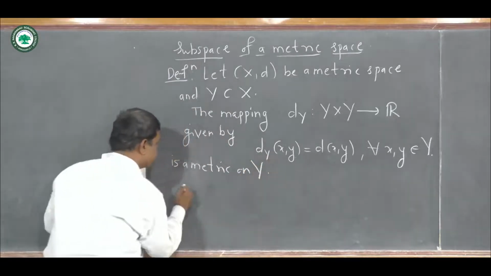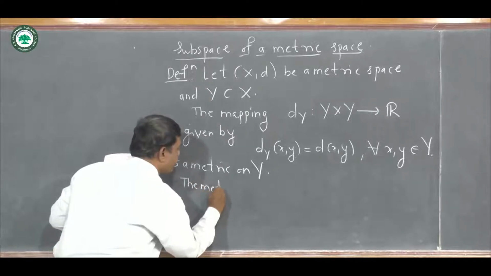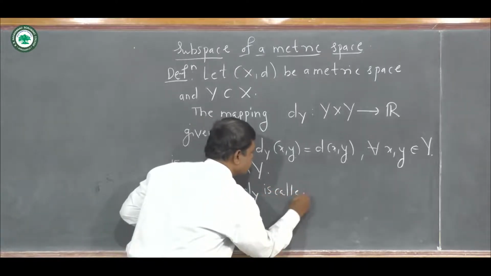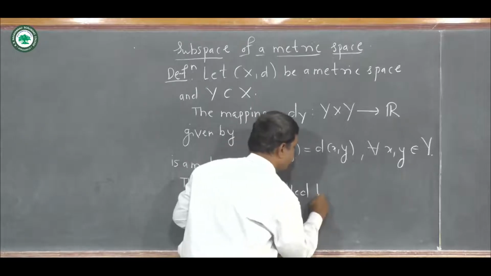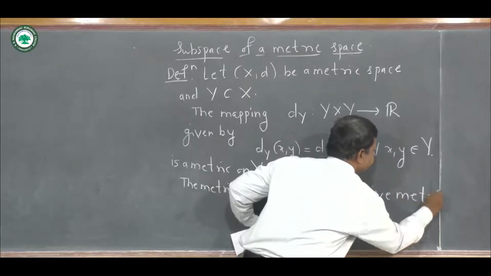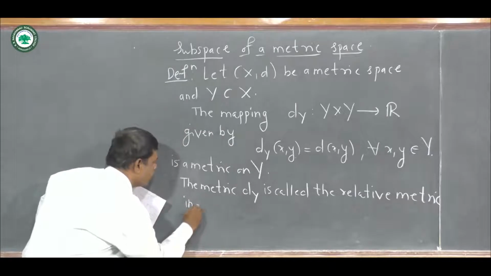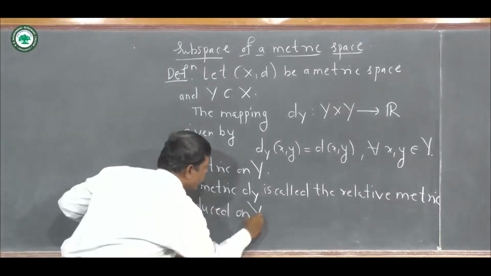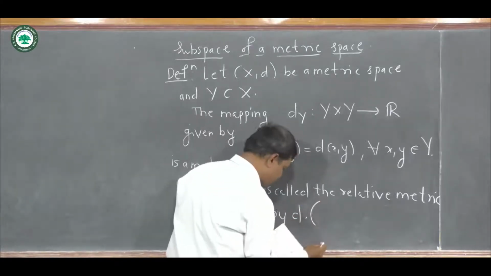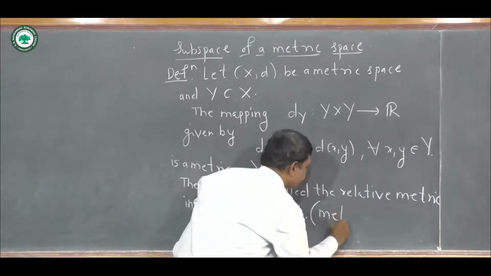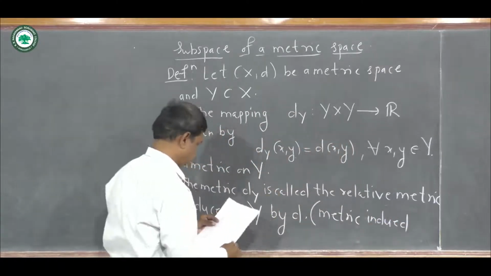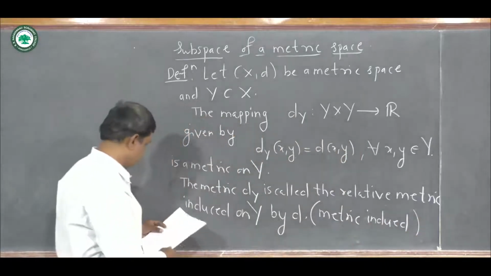This metric d_Y is called the relative metric induced on Y by the metric d, or it is also called the metric induced on Y, or simply the metric induced.